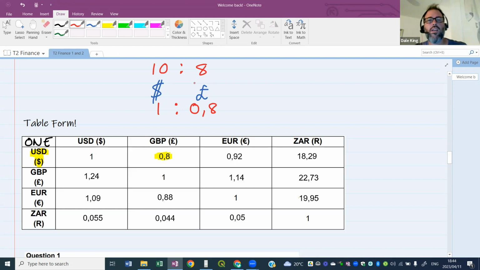And you're saying because of that, the dollar is stronger. Very interesting. Anyone else? I like your reasoning there. If you have 10, then you're only going to get 8. Okay. Anyone else? No one else.